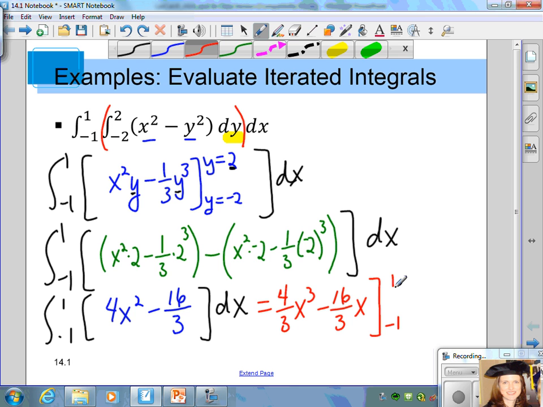Now when you plug in +1 and then plug in -1 and subtract the results, we get the final answer is -8. So the key to remember in terms of evaluating these iterated integrals is simplify the inside first, and the order of the differentials does make a big difference on how you integrate.